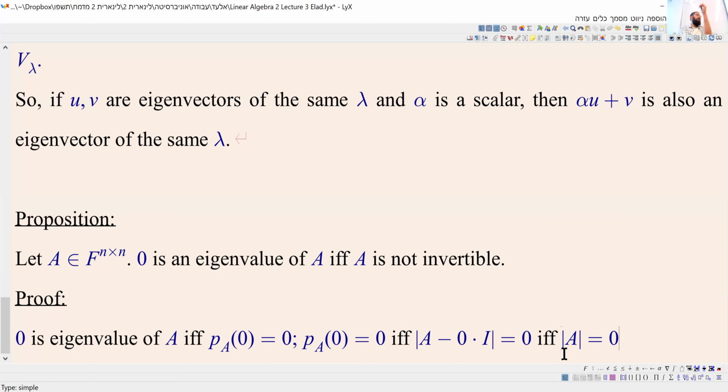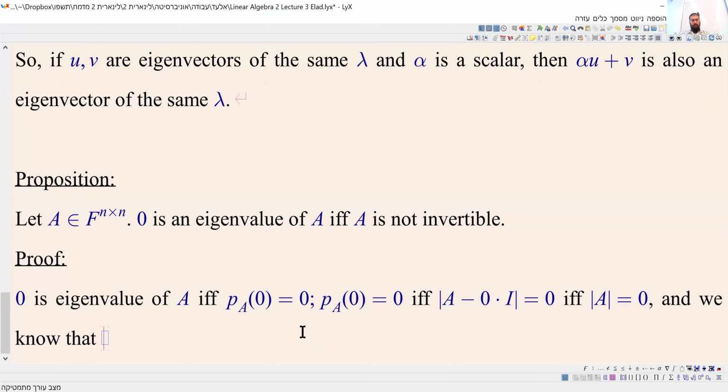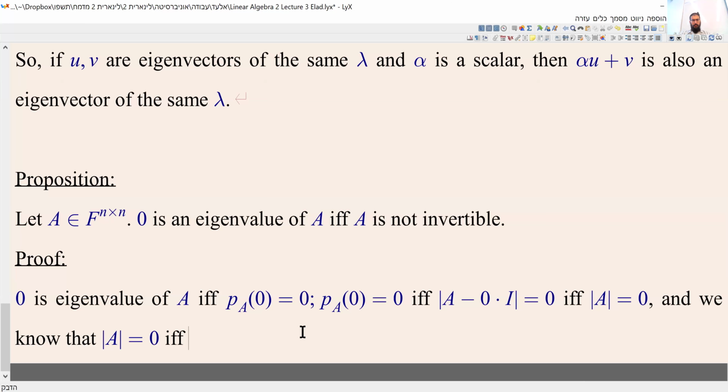Then we've already seen before, the determinant of A is 0 if and only if the matrix is not invertible. Write it down. And we know that the determinant is 0 if and only if A is not invertible.